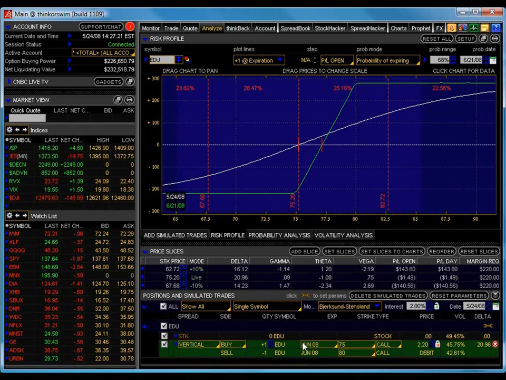So in reality, each one of these options has its own delta. Well, since we're long an expensive option and we're short a cheaper option, the positive delta that we get from the 75 call is subtracted from the delta of the negative call that we sold short, creating a positive delta.